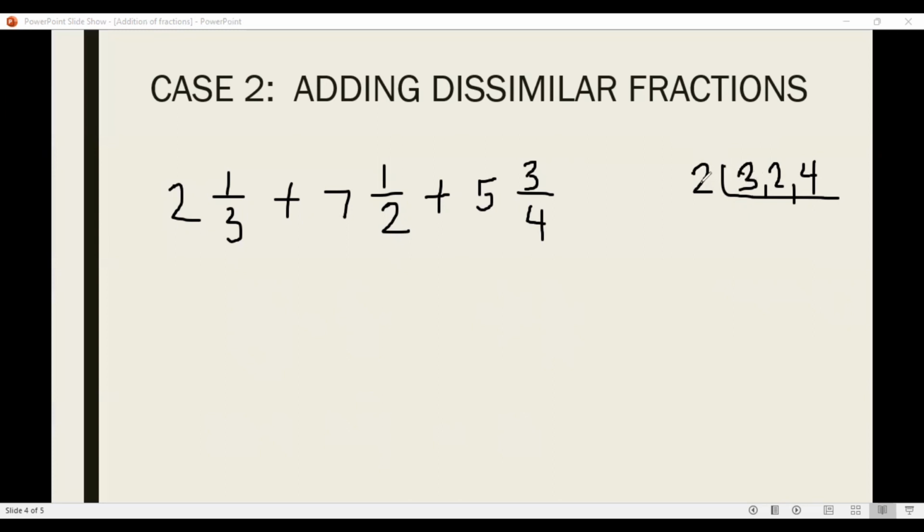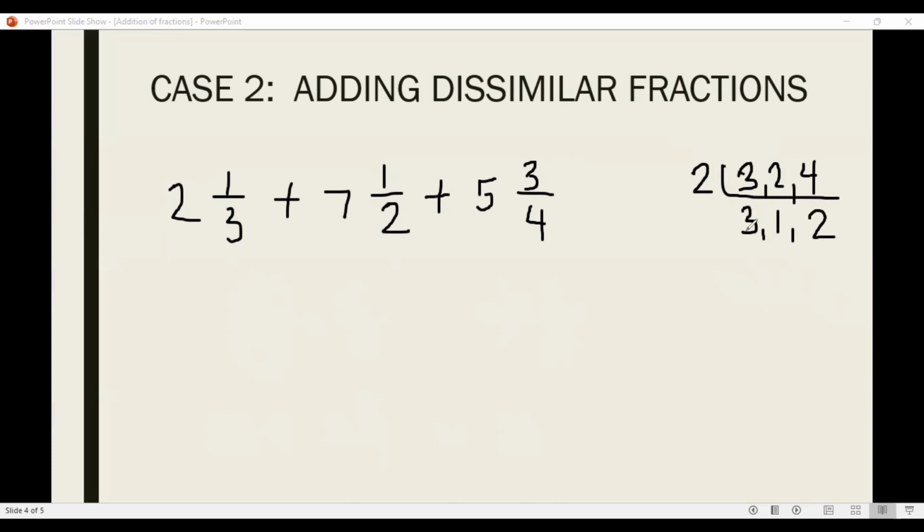Now, if you will have 3 divided by 2, that has a remainder. So in that case, all we have to do is to copy the numbers that we cannot divide. So we will copy the 3 and divide only the ones that can exactly be divided. So 2 divided by 2 is 1, so we write 1, and then 4 divided by 2 is equivalent to 2.